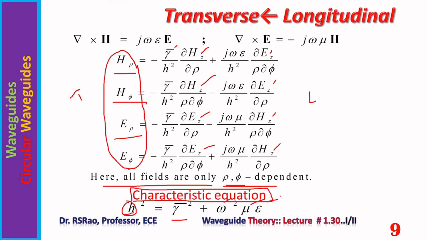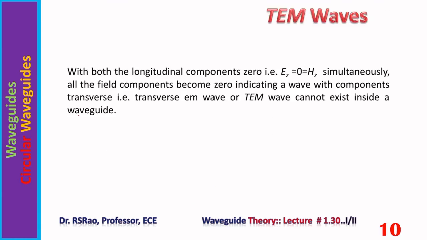Before going further, note that the characteristic equation in this form is valid for parallel plate guides, for circular waveguides, even for rectangular waveguides too. Now, with both longitudinal components zero, Ez 0, Hz 0, you can find from the expressions that E rho, E phi, H rho, H phi are all in terms of Ez and Hz.